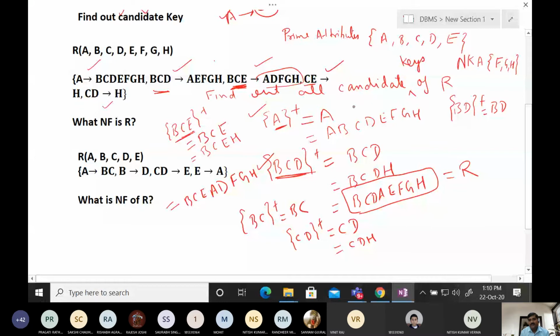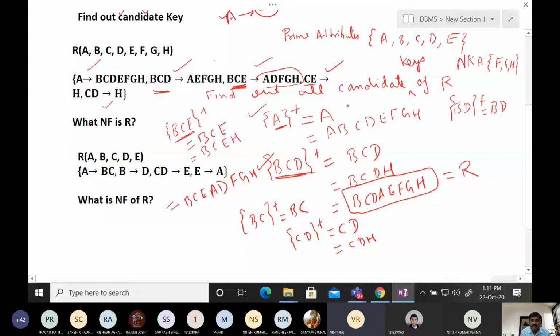Now we will check whether non-key attributes are fully functionally dependent on the candidate key. So please let me know. Is the constraint of second normal form satisfied over here or not?